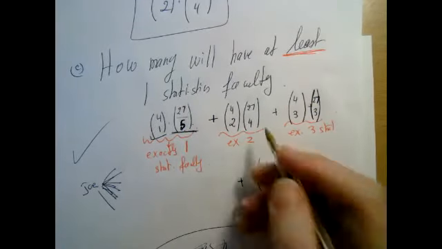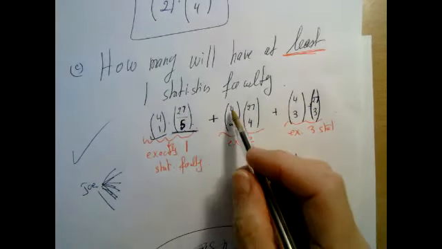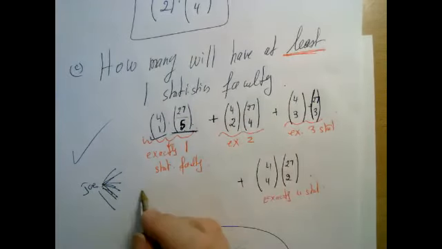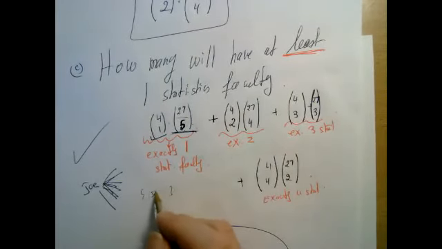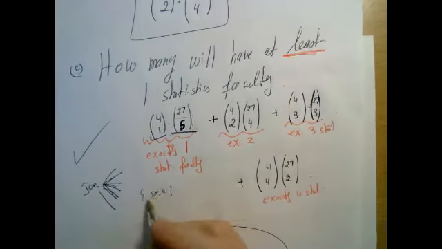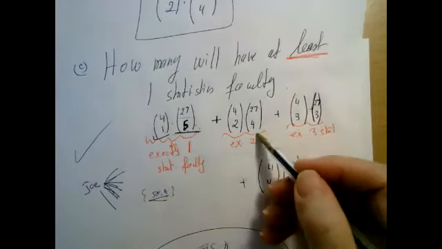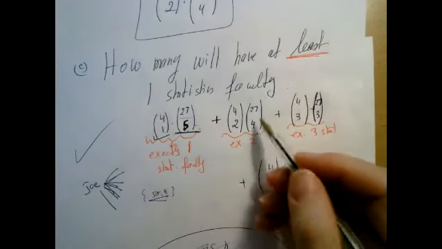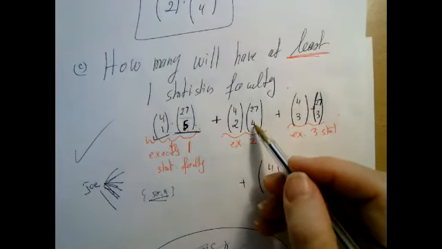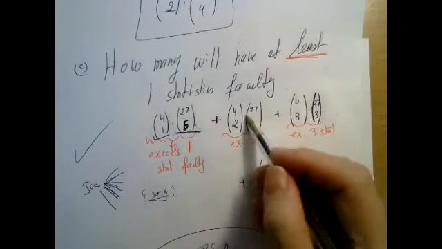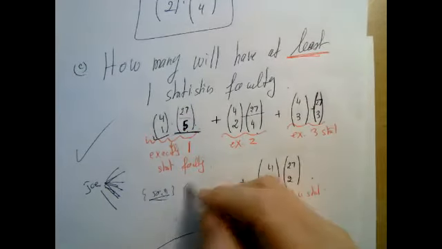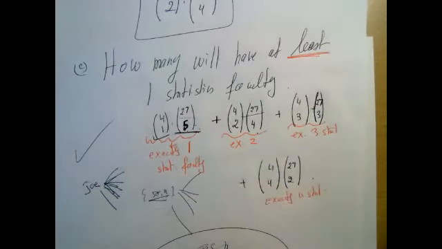Then exactly 2 stat. I pick those 2, so now I have my choice of the stat, Joe and Mary. But for every choice of the 2 stats, I have tons for the other ones. I have to choose the 4 other committee members out of the 27. I have a lot of choices because I have 27 members.